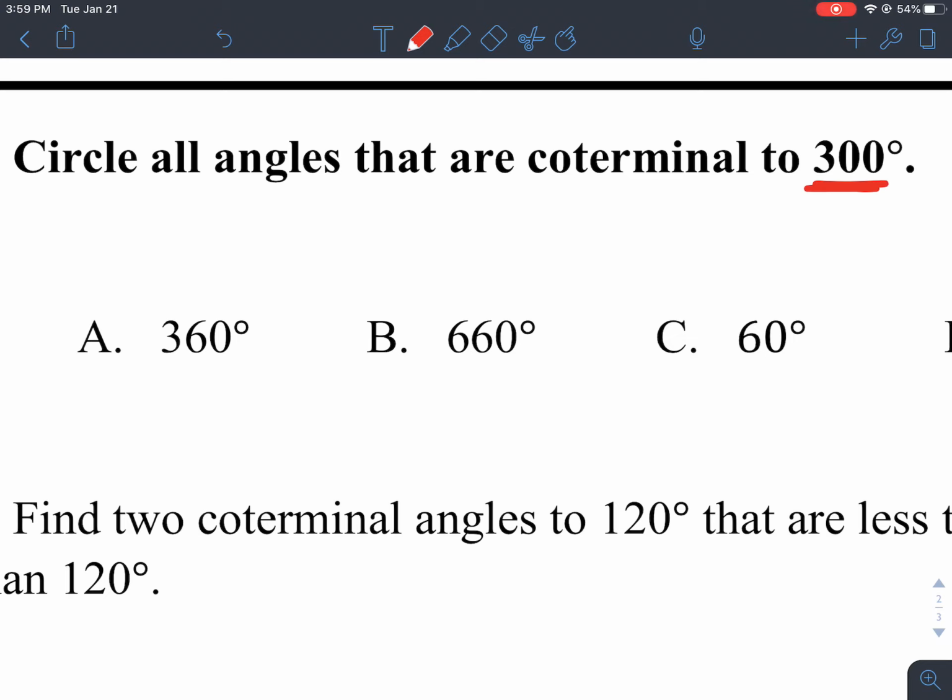We want to know if 360 is coterminal to that. So essentially what we would do is we'd take our starting angle of 300, and since 360 is bigger, we would add a full circle of 360, and we can see that in doing so, we get 660. We have surpassed 360, so 300 and 360 are not coterminal angles. They land in different locations.